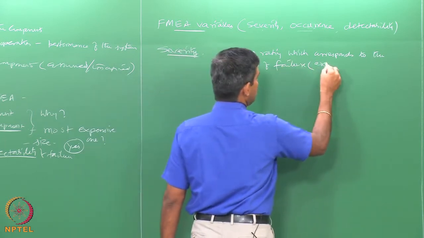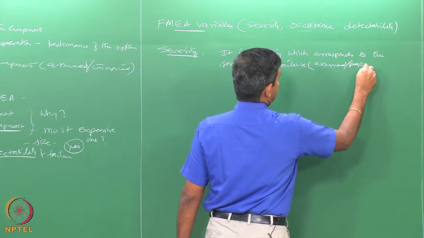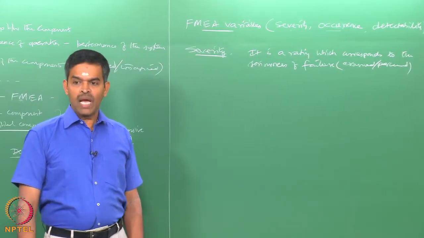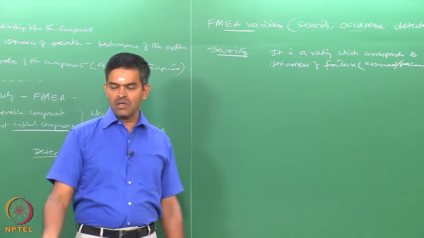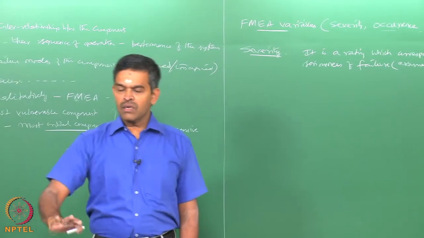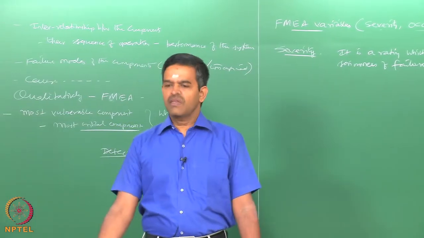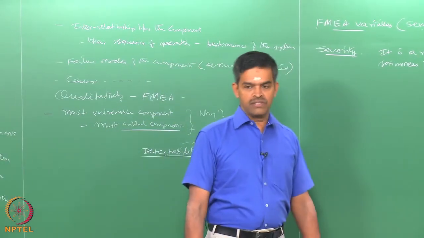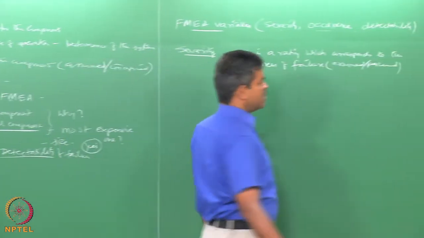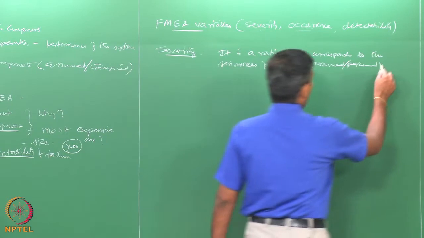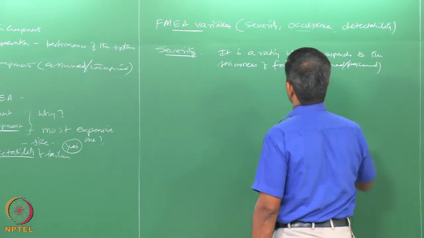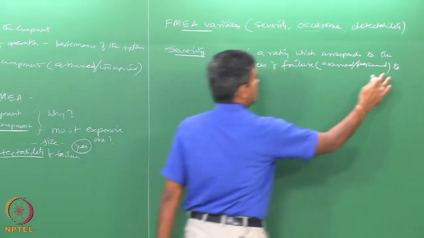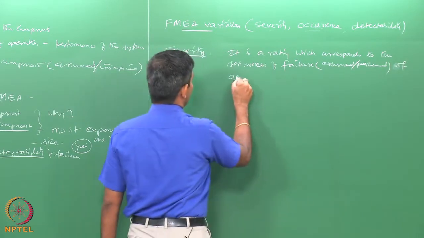I should say assumed, perceived, because the failure actually does not happen. If the failure happened, it is called a post accident scenario. Please understand, FMEA cannot handle post accident scenarios, it is not effective. There are other methods to do that, we will see that later, but this is at the design stage. So, it is a rating which corresponds to the seriousness of an assumed failure of a component.